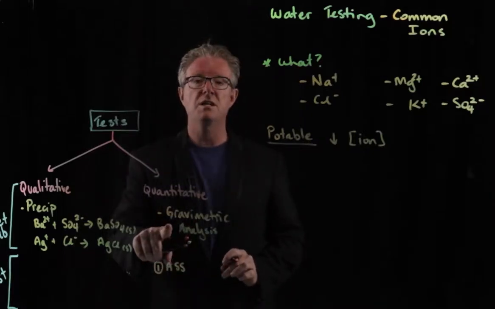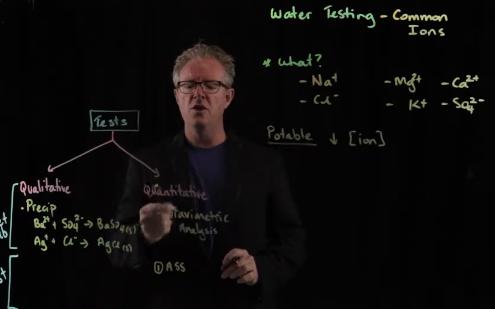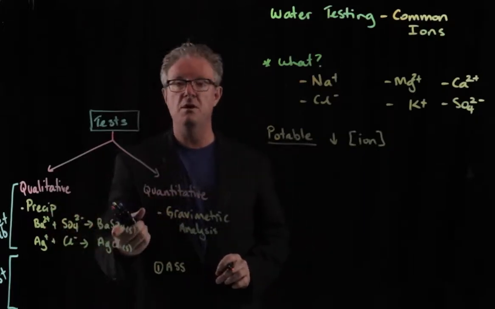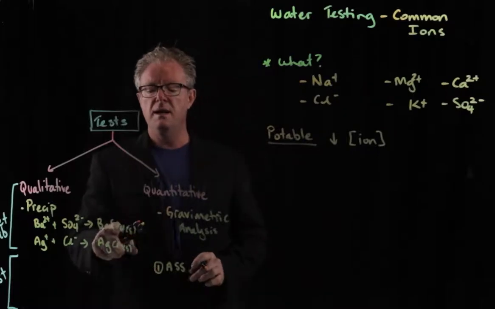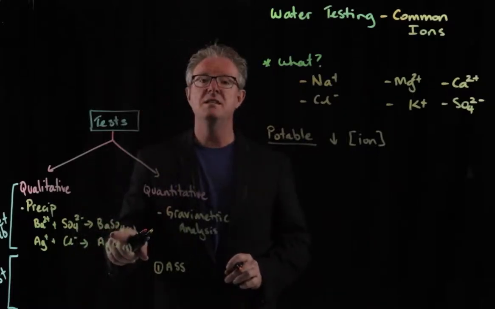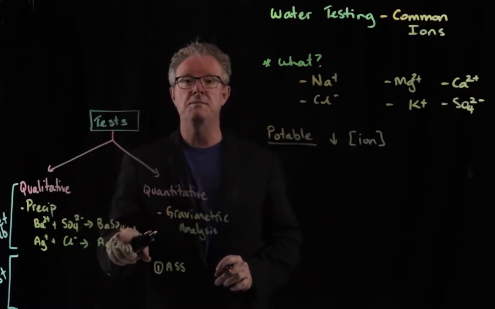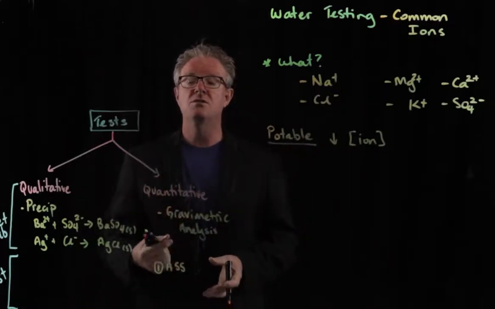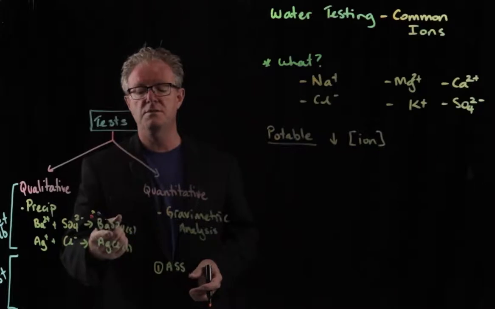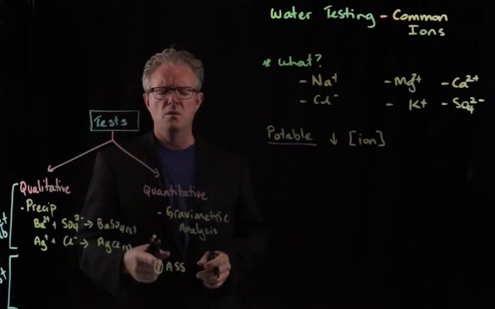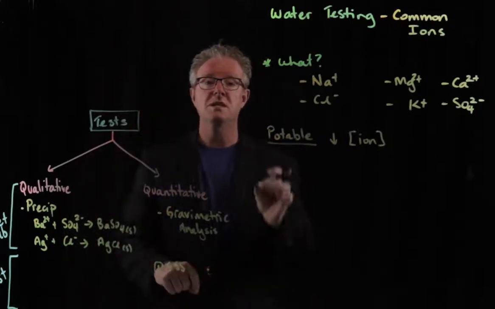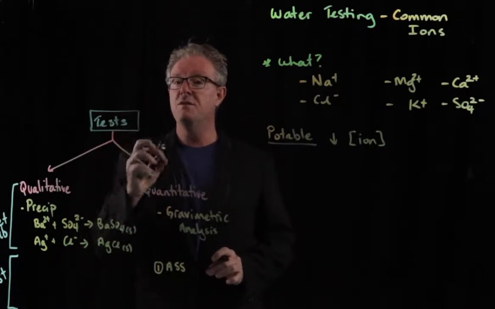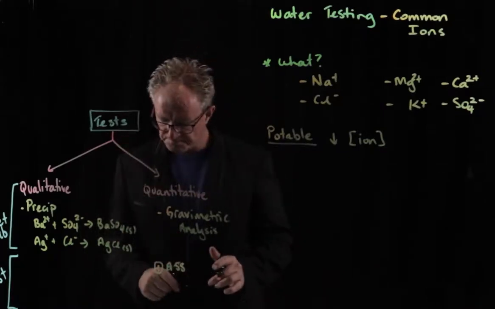Gravimetric analysis is not as specific, because even though we're adding barium to precipitate barium sulfate out, we may have some other ions in the precipitate, and if your experimental procedure is not very reliable, you might have some contaminants in there. Atomic absorption spectroscopy is more precise. It is specific for a particular metal ion.